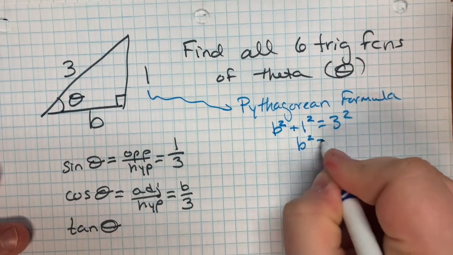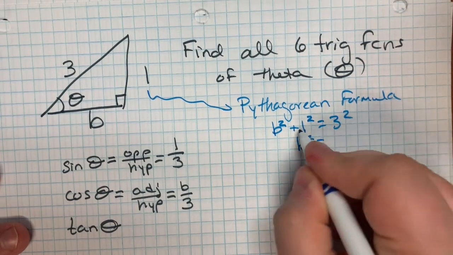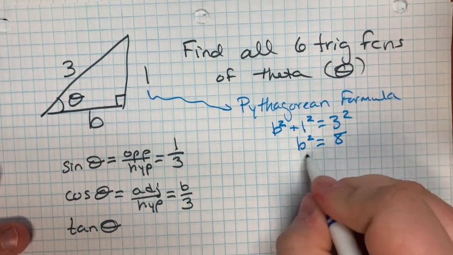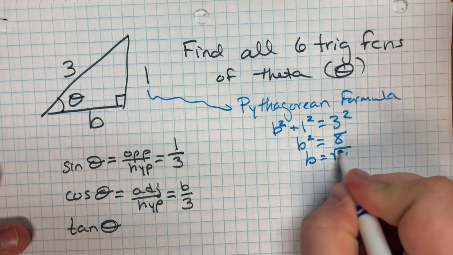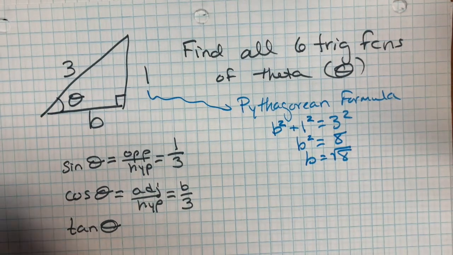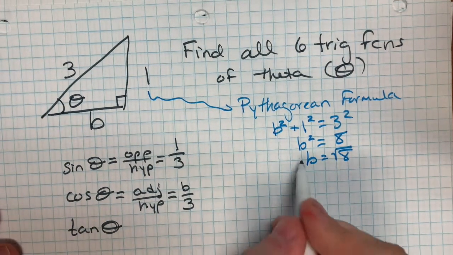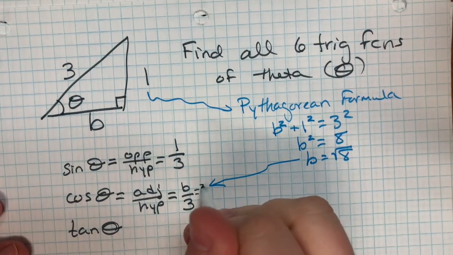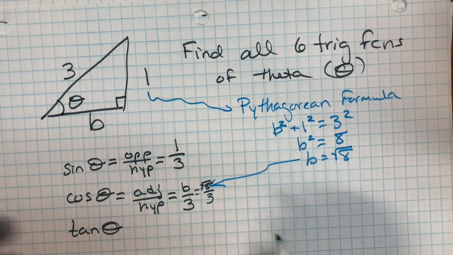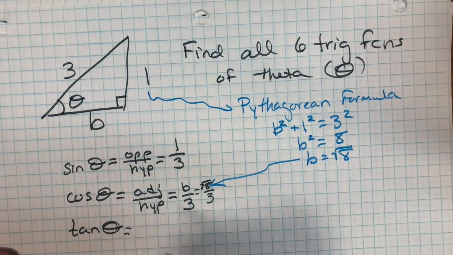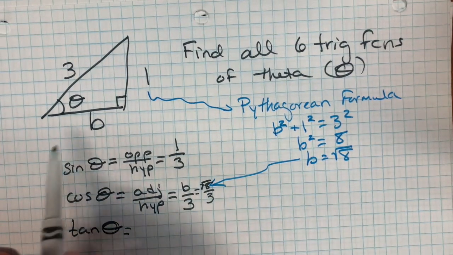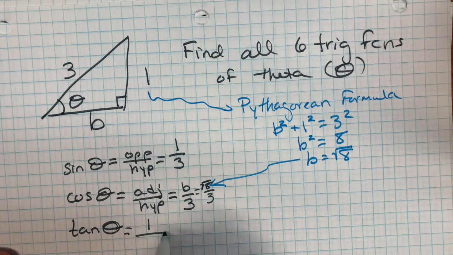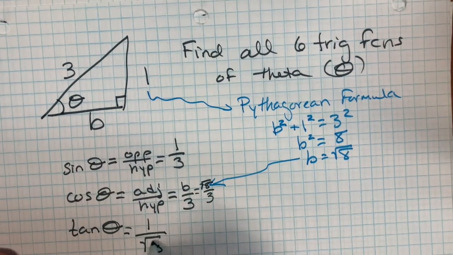So B squared is 3 squared, 9, minus 1 is 8. So B is the square root of 8. Which means then cosine is the square root of 8 over 3. And tangent then is TOA, opposite, 1 over adjacent, square root of 8.